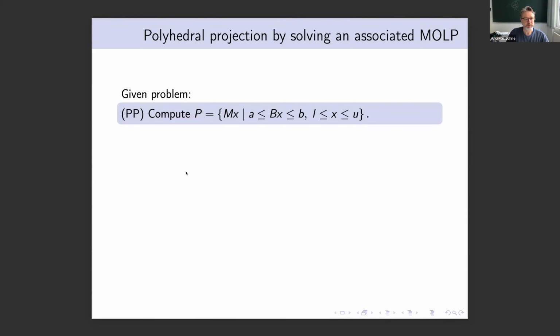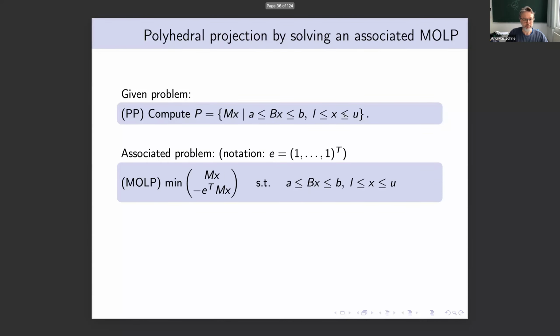Okay, so given a polyhedral projection problem in this way, then we can assign a corresponding multiple objective optimization problem. What is this problem? Let's first look at the constraint. Here we have linear constraints and we use just the same constraints. What is the objective map?